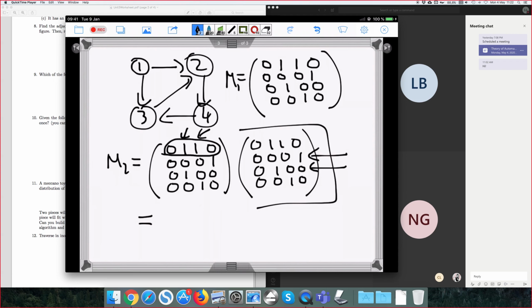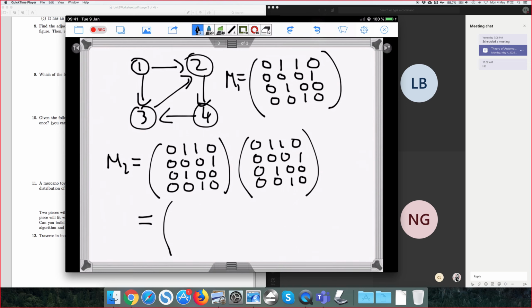So I'm going to effectively sum these two rows. So when I compute this Boolean multiplication, I only need to add these two rows here for the first row and so on. Okay, so I obtain 0, 1, 0, 1. I just add the second and third row. For the second row, I just copy the fourth. Here, for the third row, I need to copy the second.